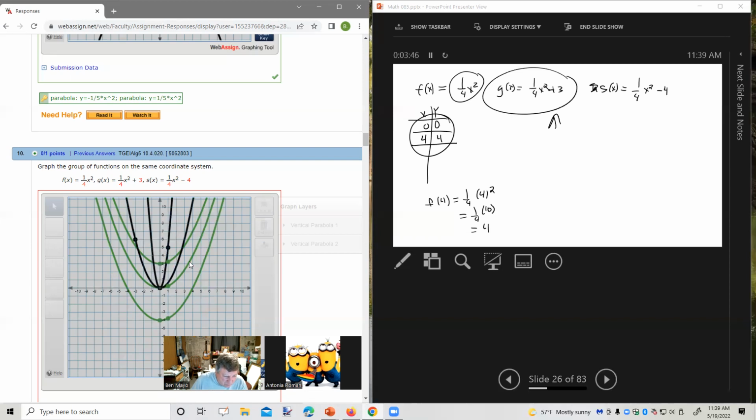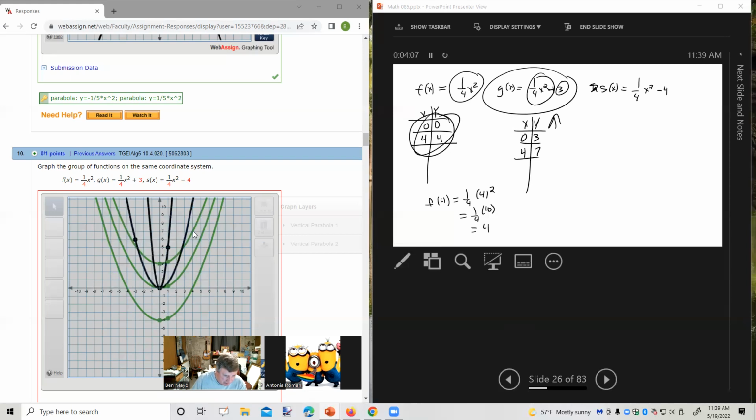Instead of 4, 4, it's going to be 4, 7. Click. Because everything's going to move up. This is going to give you that, but then you add 3 units. So it gives you this second graph right there.